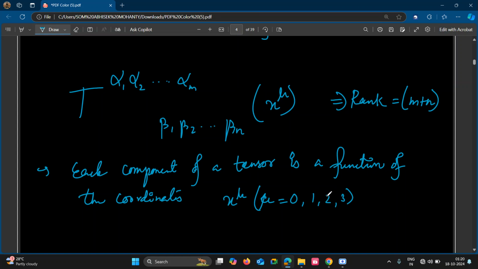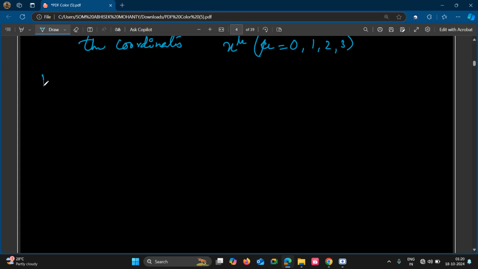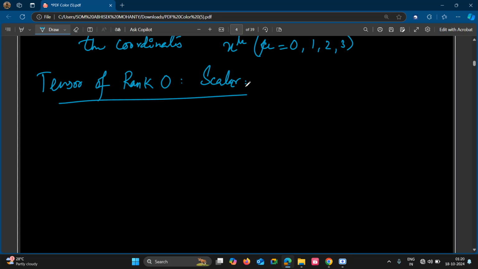Let's next categorize the tensors. First is the tensor of rank 0, which is called a scalar. Rank 0 tensors are scalars which remain invariant under any transformation of coordinates.